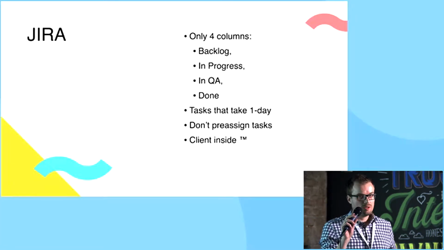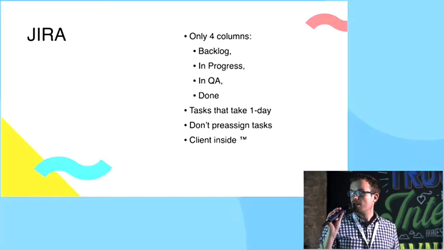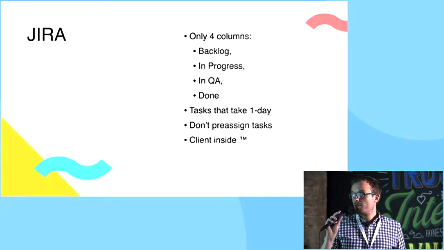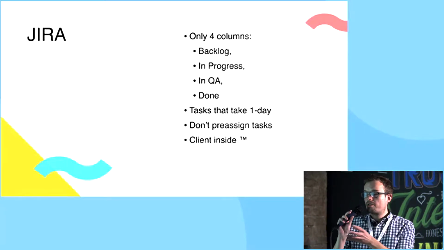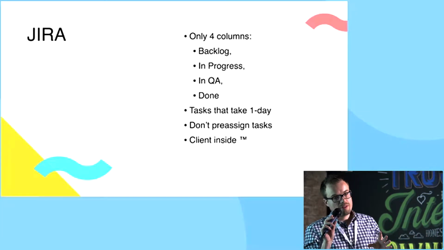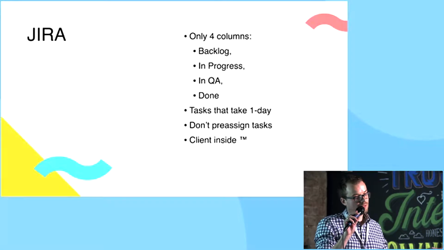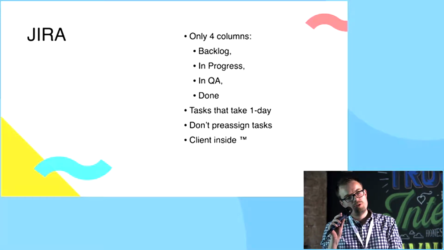On JIRA, we try to keep it as simple as possible. We usually have only 4 columns: backlog, in progress, QA, and done. For the developer, the column in progress means everything from taking the task for development until pushing it to QA.